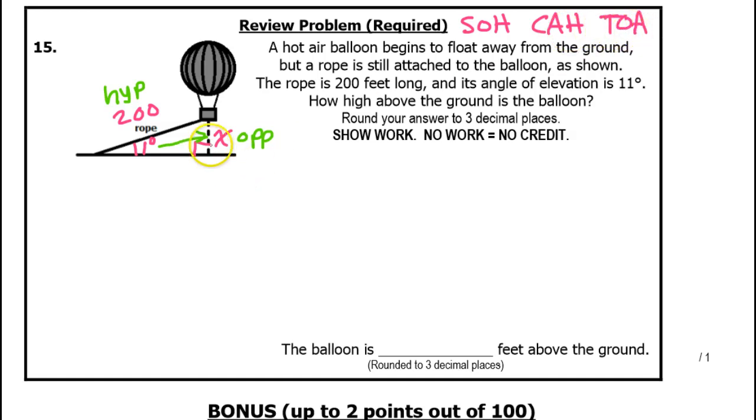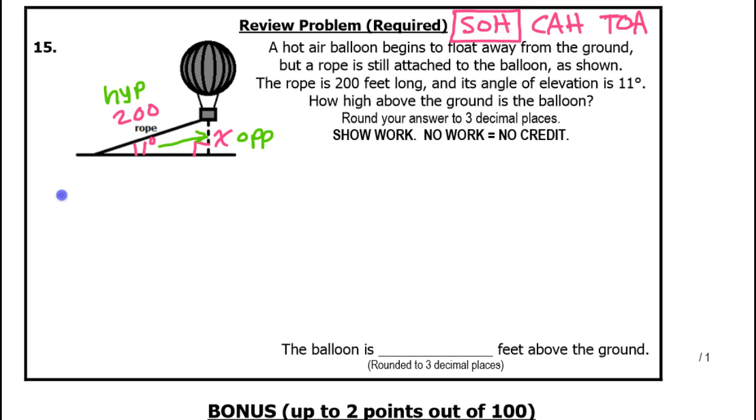But in this problem, we are looking for the opposite side, and we are given the hypotenuse. So this problem involves opposite and hypotenuse, and the only one of these 3 trig functions that involves opposite and hypotenuse is the first one, the O and H. This is the sine function.